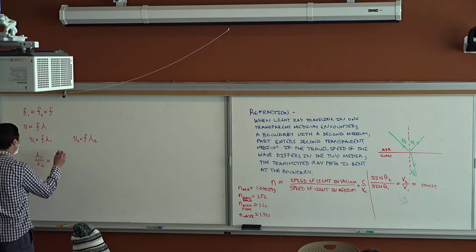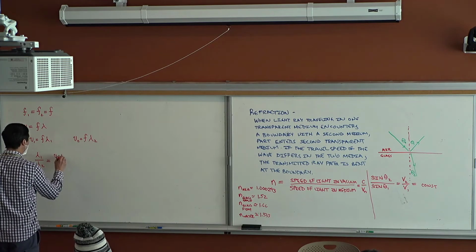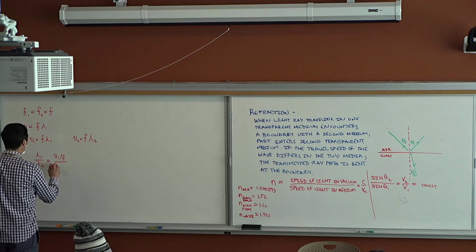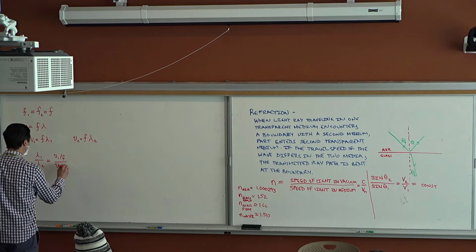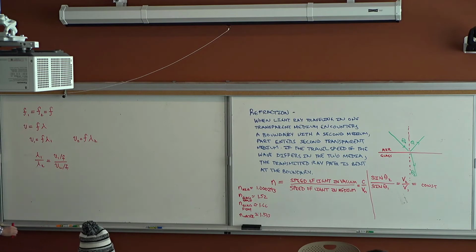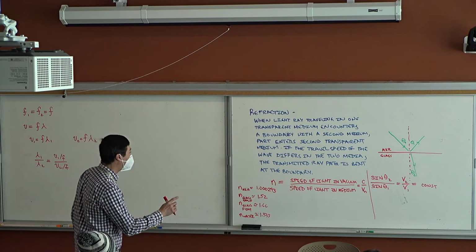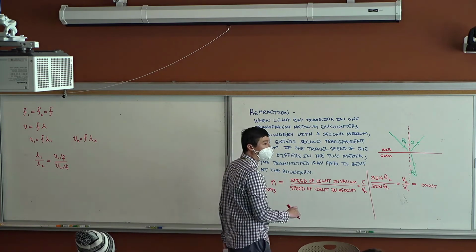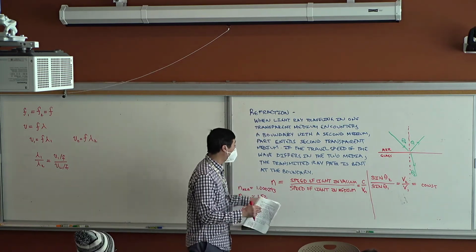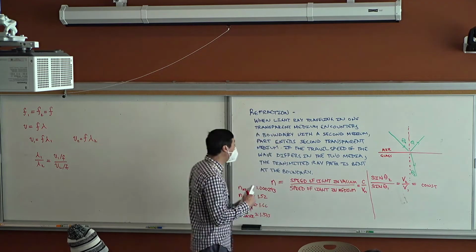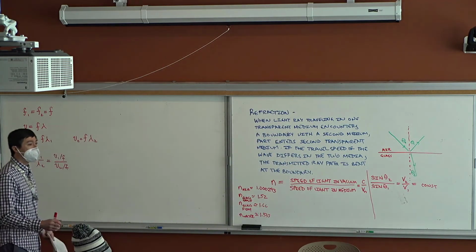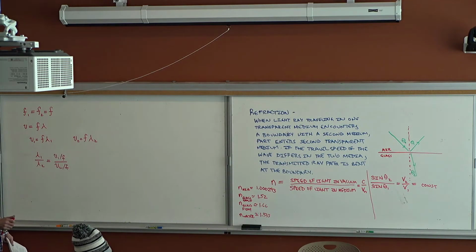So did I get that right? Yeah? But f is frequency, and n goes as c over v. What's the lambda? Wavelength.